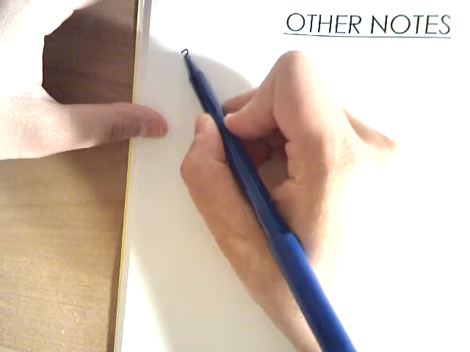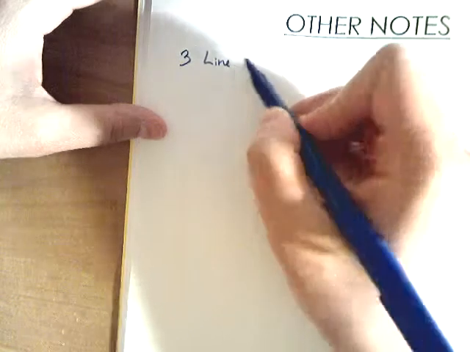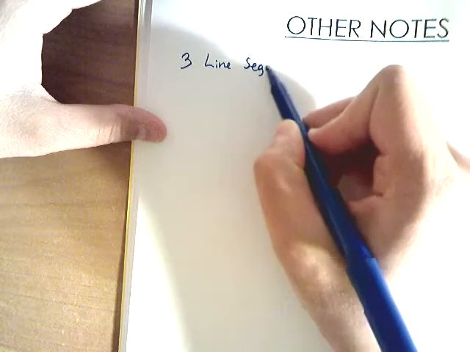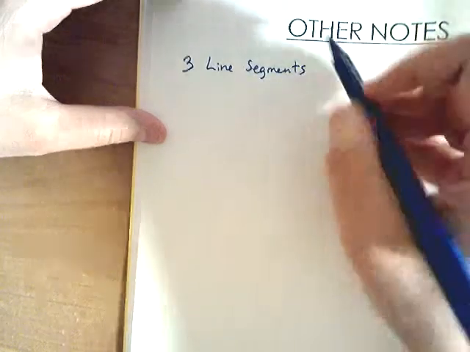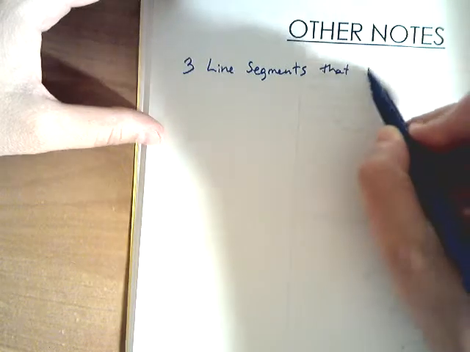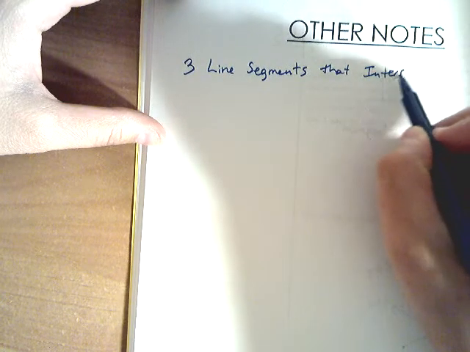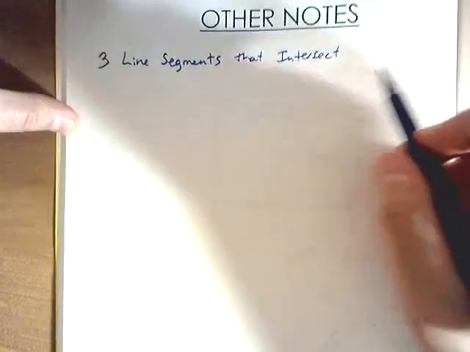So for example, they may ask you to sketch 3 lines, or 3 rays, or 3 line segments. So for example, someone asked me to draw 3 line segments that intersect at only one point.